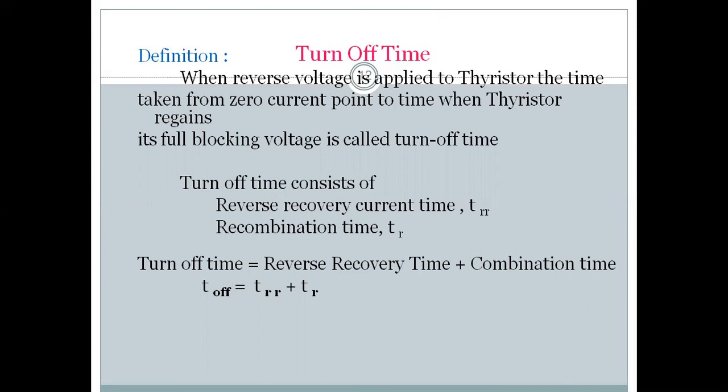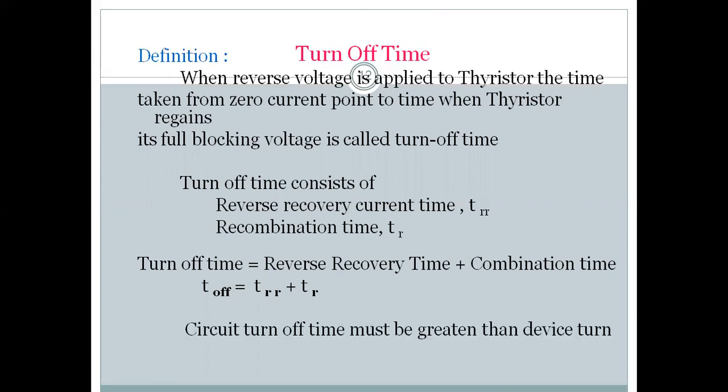The turn-off time is the addition of reverse recovery time Trr plus recombination time Tr. Generally, the turn-off time of an SCR lies between 50 to 200 microseconds. Circuit turn-off time must be greater than device turn-off time for safe turn-off.